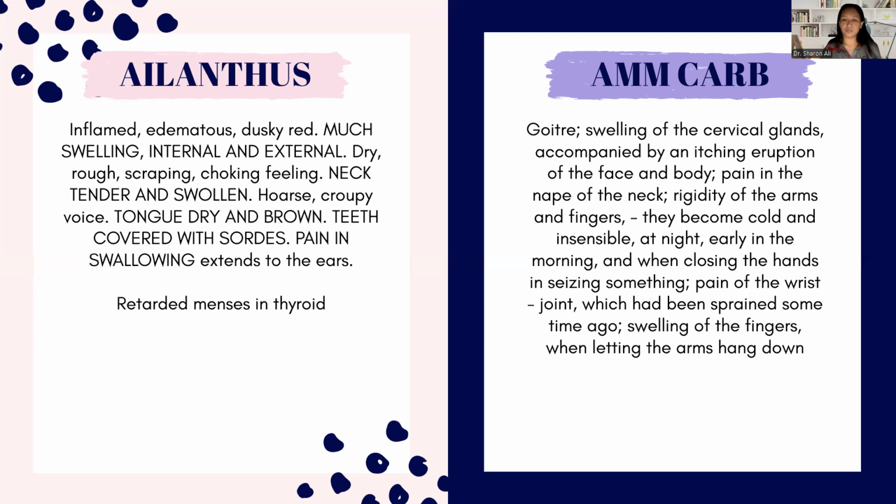Now, ammonium carb. Remember we discussed constitution and I said thick neck, thin neck, short neck. Now we know ammonium carb is obese. And how is the obesity? The chest is flat, big hips, big thighs, lower body is more enlarged. We know ammonium carb on the emotional level also.